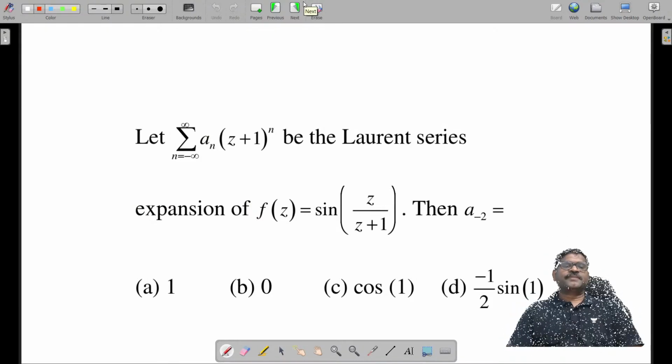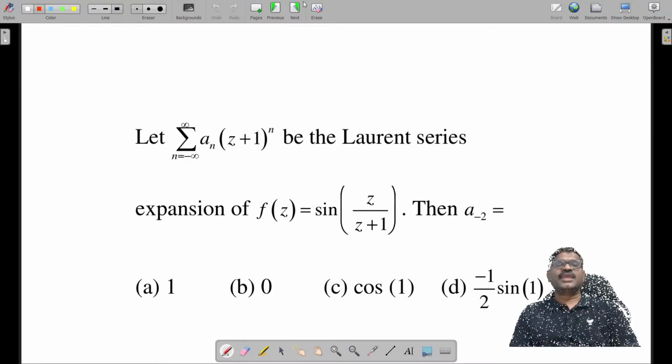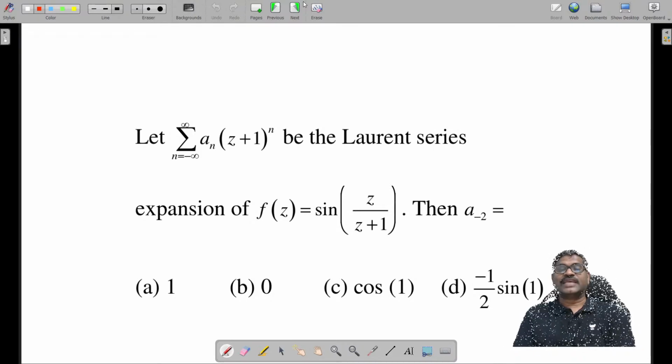Let the sum n from minus infinity to infinity of a n into z plus 1 whole power n be the Laurent series expansion of f of z equal to sin z by z plus 1. Then what is a minus 2?